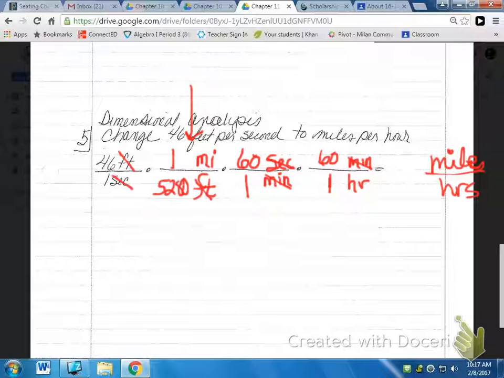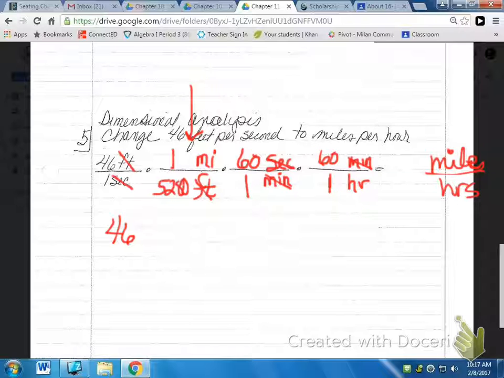Now this is how this works. In my calculator, I would start with 46. Any number on the top in a numerator would be a multiplication, and any number in the denominator would be a division. And you can do this in one long problem. So this is what you would punch in.